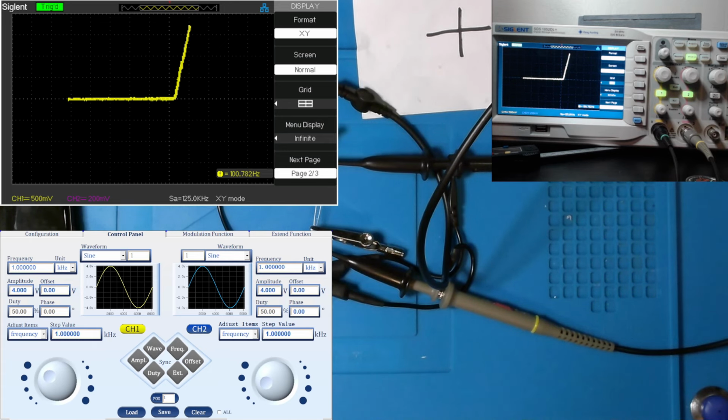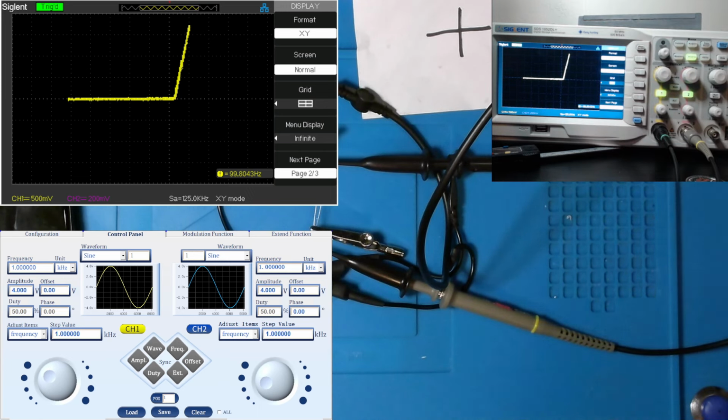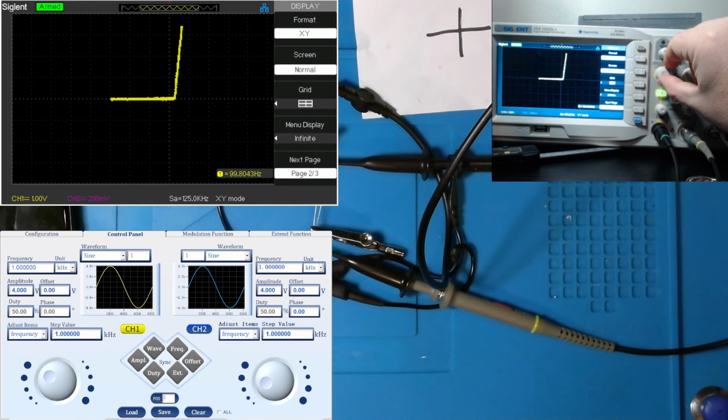And here we go. Here's our Schottky diode. Looks like our forward biasing voltage is a little bit less on this. I think that's to be expected, but yeah, there you have it.